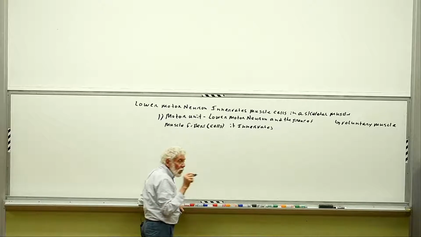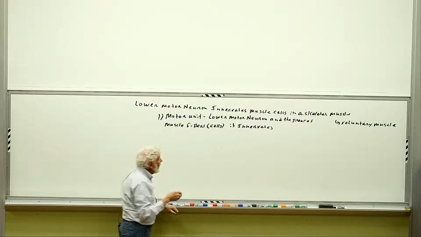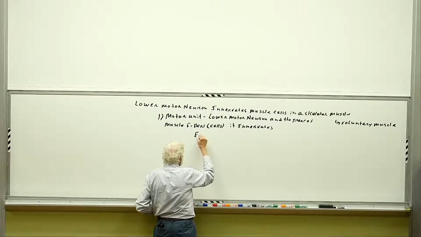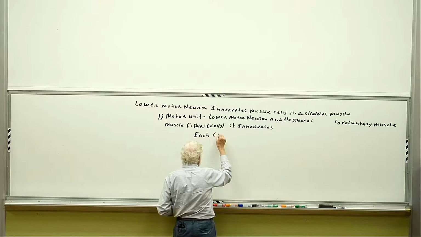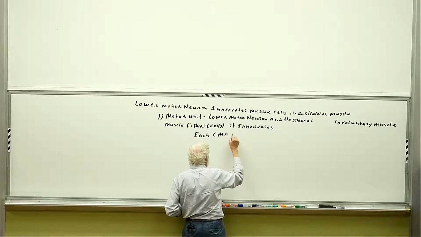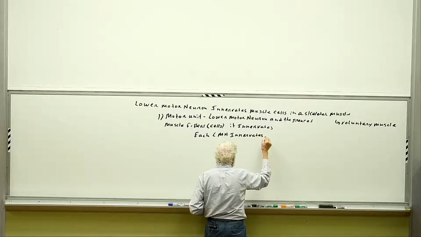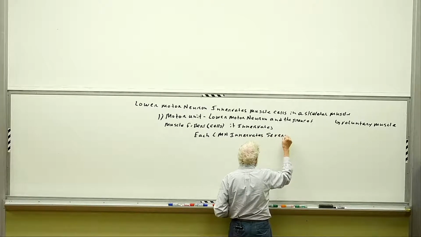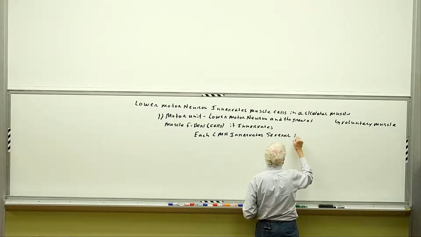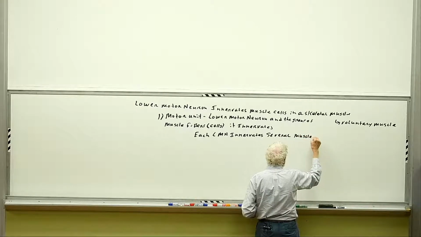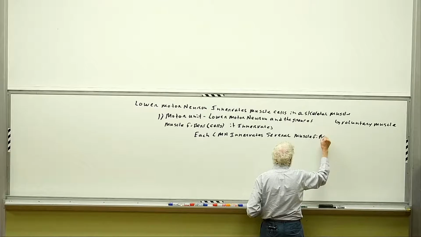As an extension of that idea, we can say that each lower motor neuron, LMN, innervates several muscle fibers.